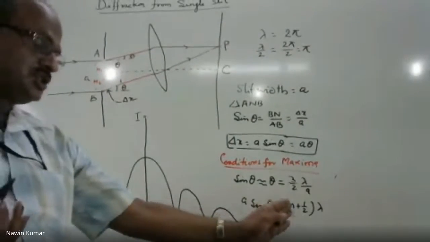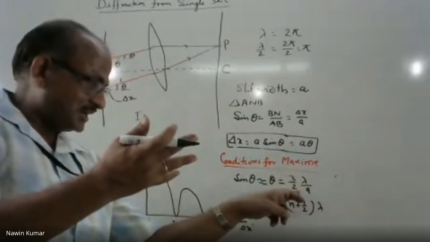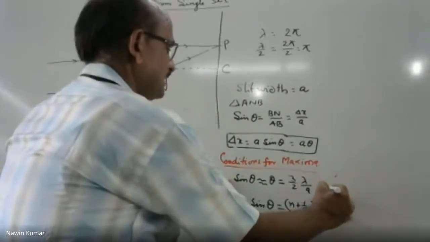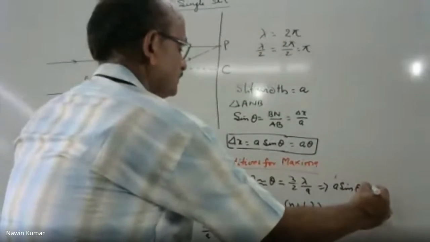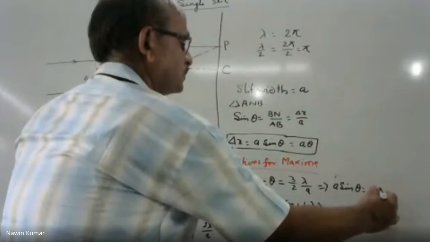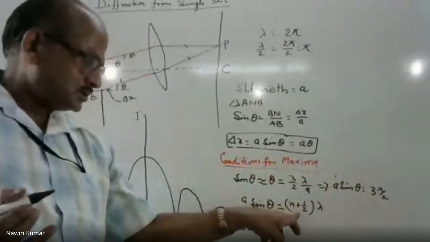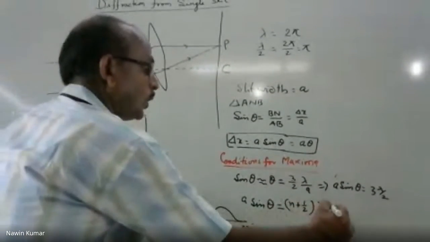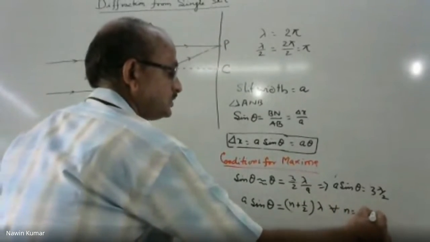If the path difference is an odd multiple of lambda by 2 here, just see, a sine theta, from here we can write, is equal to 3 lambda by 2. So here it is the odd number. So here it is 2n plus 1 lambda by 2 for all n equal to 1, 2, 3.